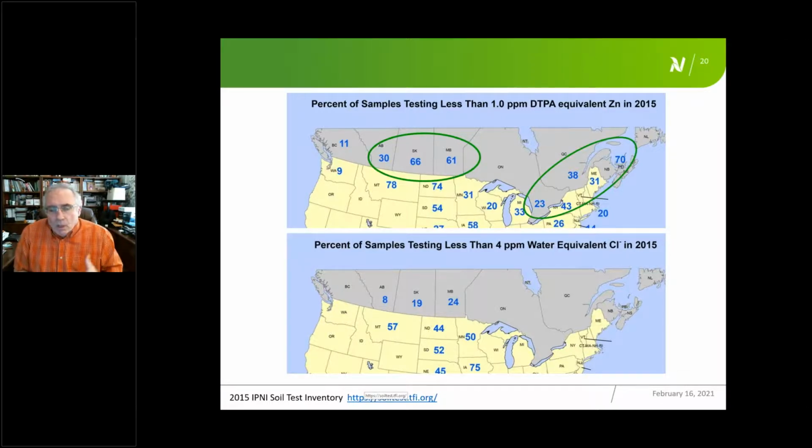But similar research in Canada has also documented those responses. And while many of these soils are not deficient, it's important to pay attention to it, because some soils are, and the crops that we grow are responsive to that nutrient. So in any case, as we look at these inventories, you want to consider the crop, its sensitivity to those nutrients, the cropping system, and the specifics of the situation.